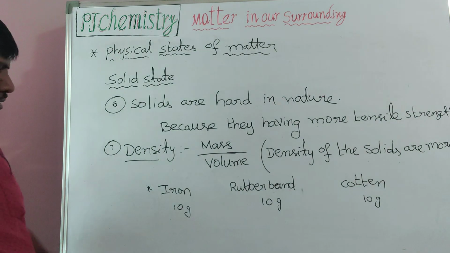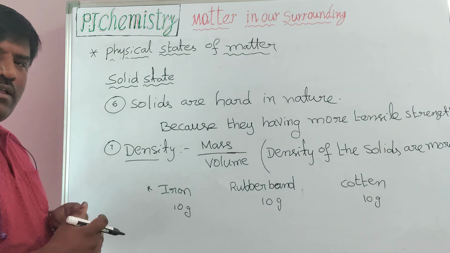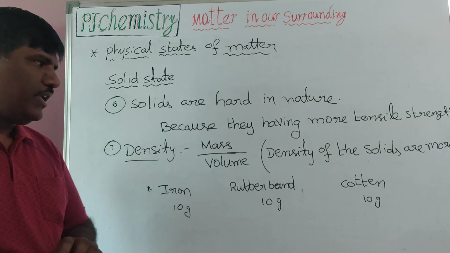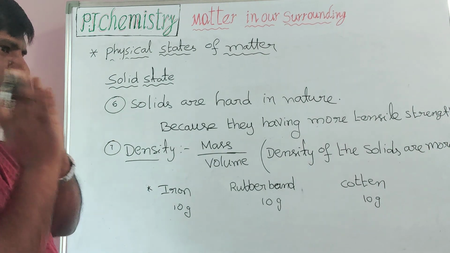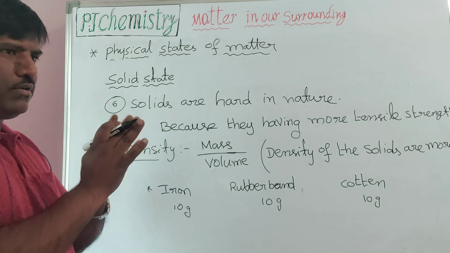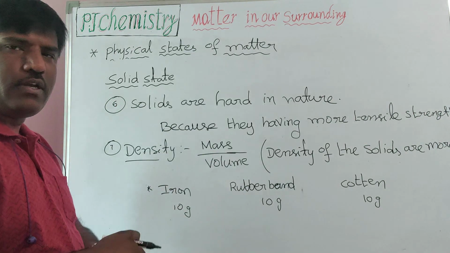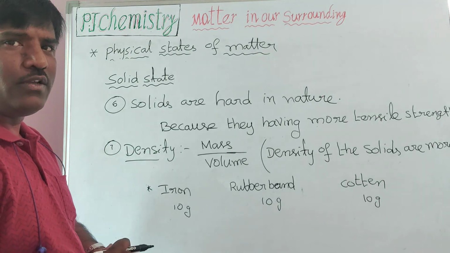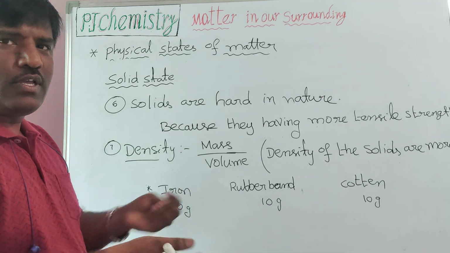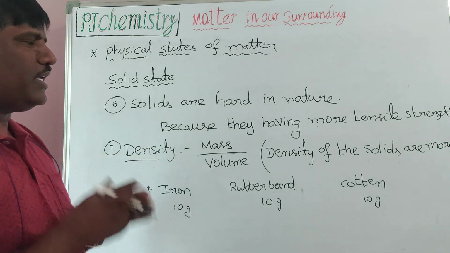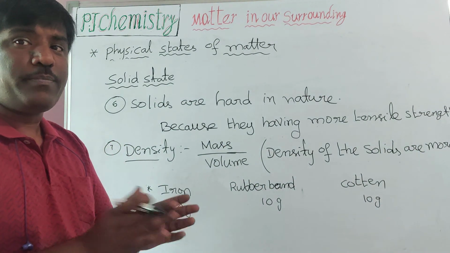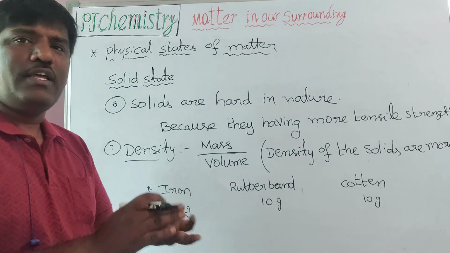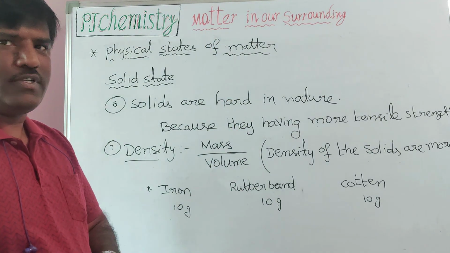But if we observe among these three, without saying anything, if you ask another person which has more weight, which has more amount, they will immediately say cotton has more, because it appears to be a larger amount, even though it is 10 grams, equal to the others.